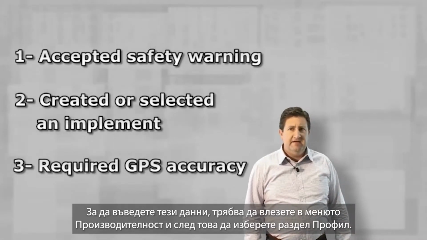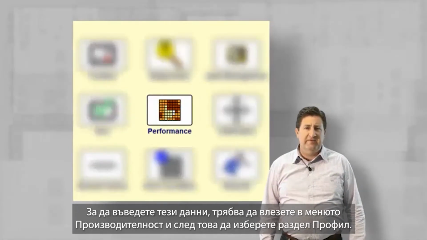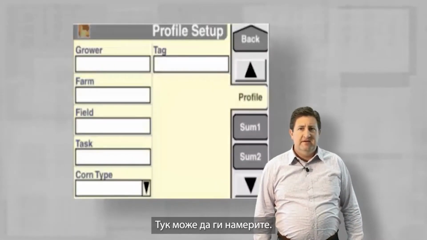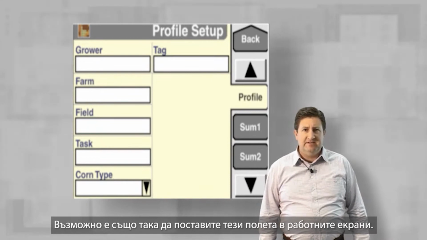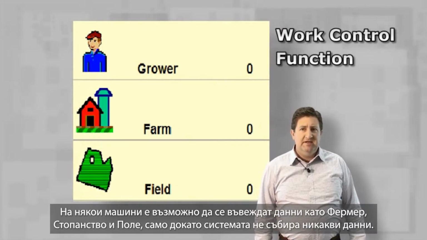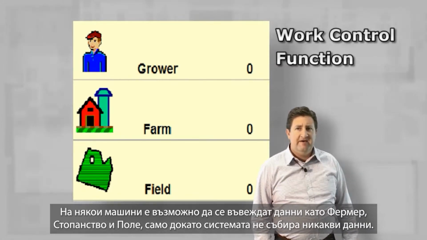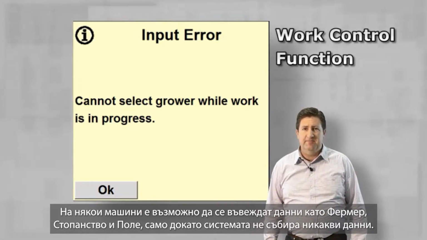To enter this data, you need to go into the Performance menu and then select the Profile tab. Here is where it can always be found. It is also possible to build these windows into your run pages. On some machines, it is only possible to enter certain data like grower, farm and field while the system is not collecting any data.